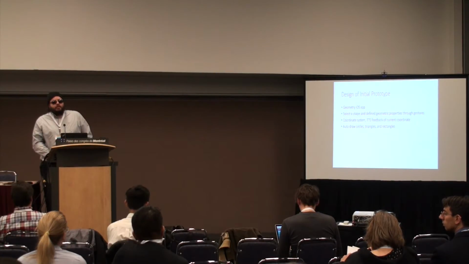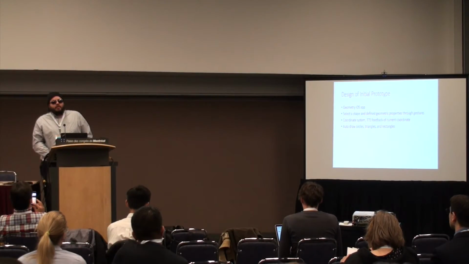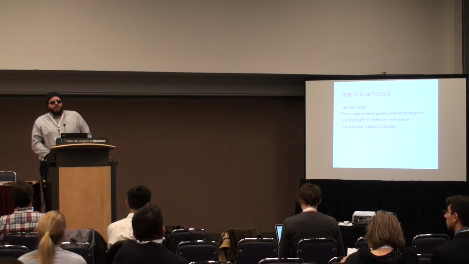Those are the 3 shapes we implemented. And then with gestures, you could specify the geometric properties of the shapes. For example, you could place the center of the circle at an XY point on the XY axis, and then drag out the radius with your finger, and you can hear text-to-speech say how long the radius is, 2.33, and then double tap to have it automatically draw the circle with that radius.